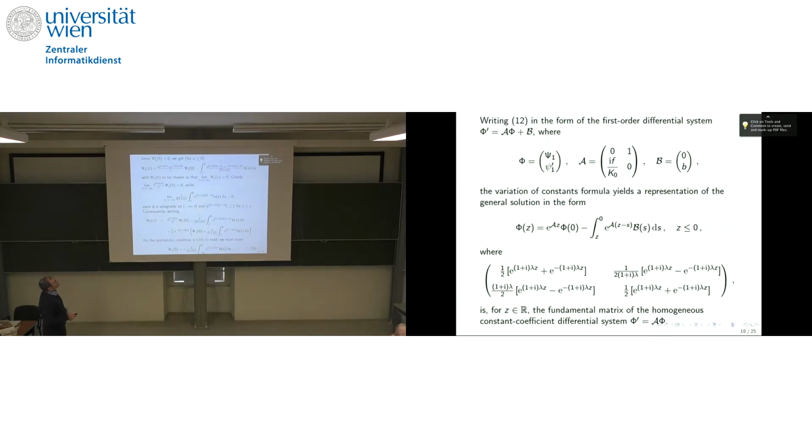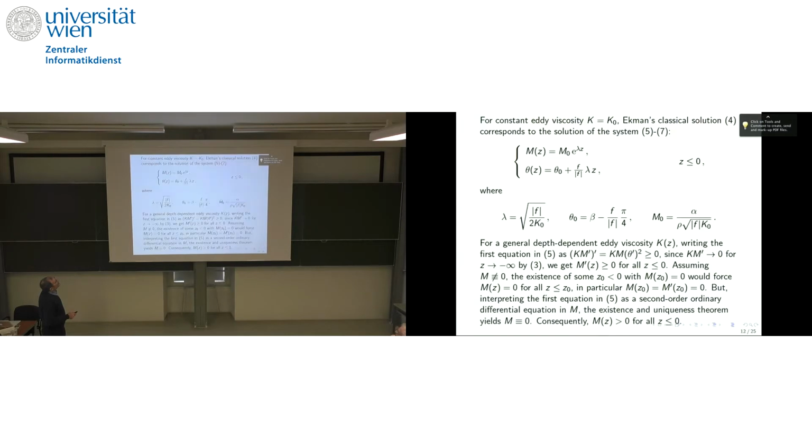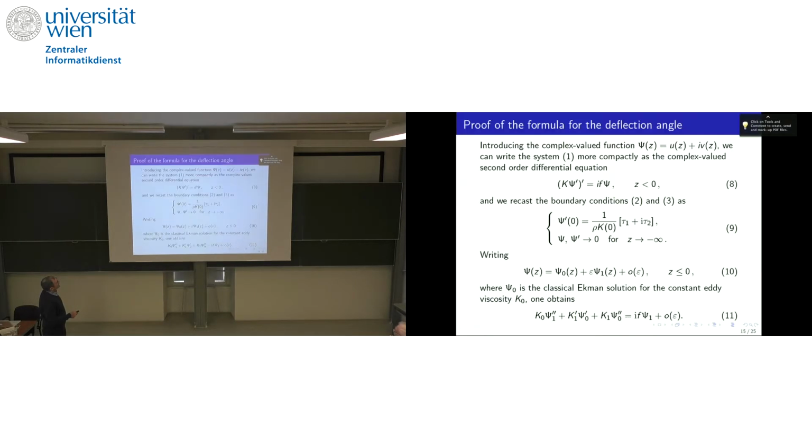Well, you just have to, so B is the, so what you do, oh, sorry, here, okay. So what you do, you write K as epsilon psi, and then you get this equation. And now you use psi 0 is Eckman's classical solution.